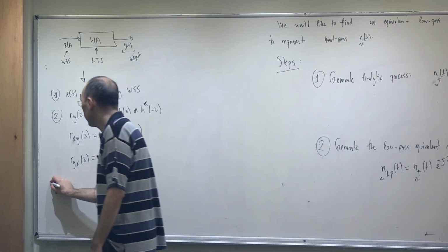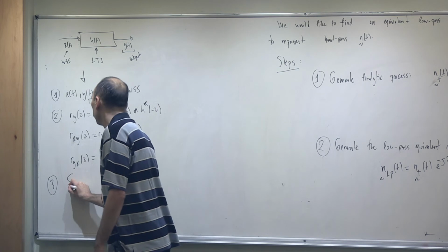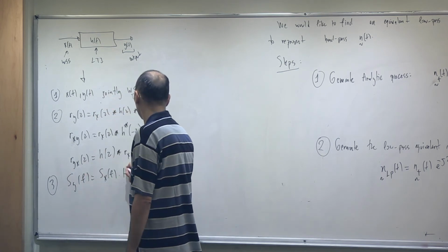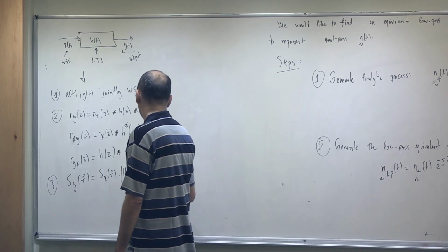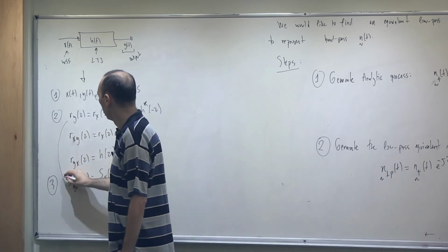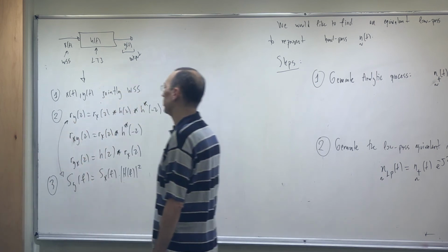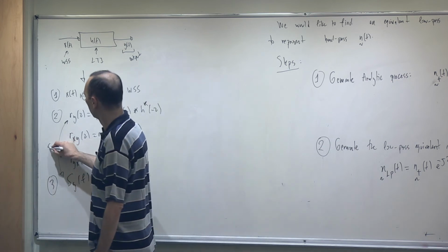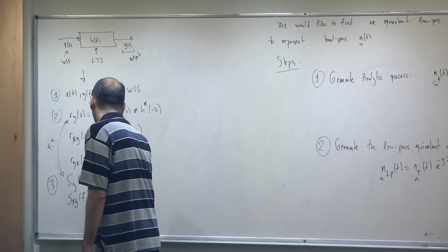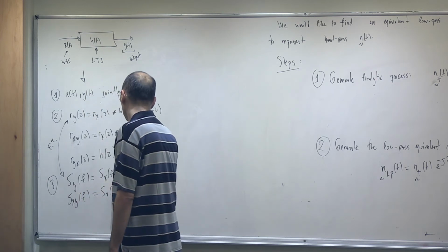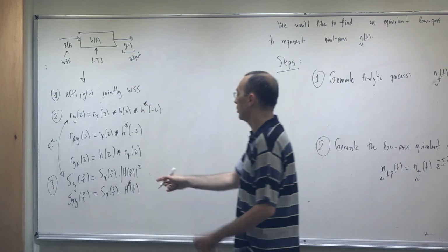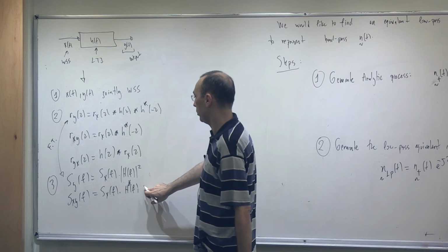What else? Now, let me write over here, number 3. The power spectral density is the Fourier transform of this. How about this? S_xy of f is S_x of f times the conjugate of h of f, since this Fourier transform has the conjugate of h of f.